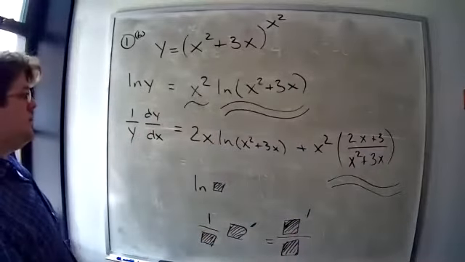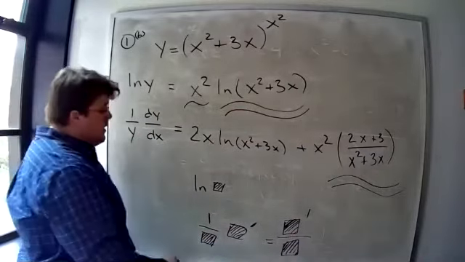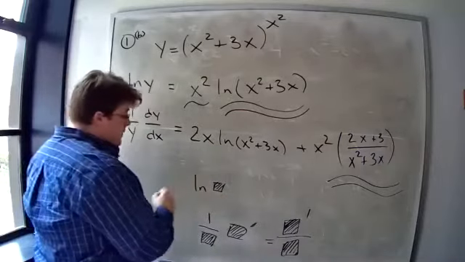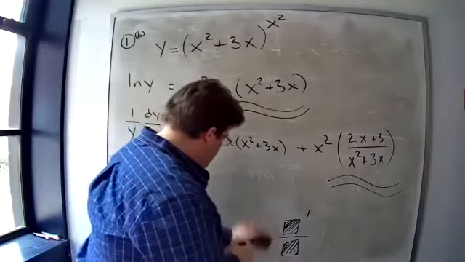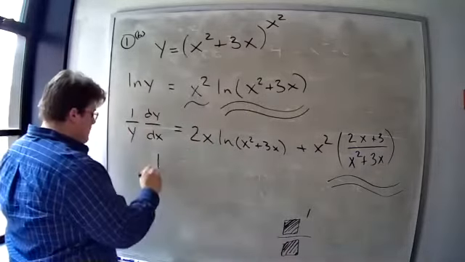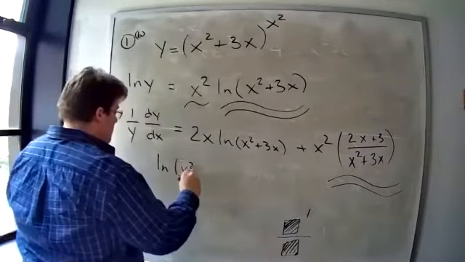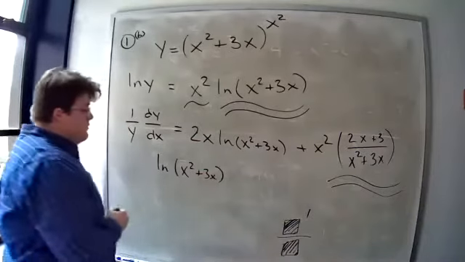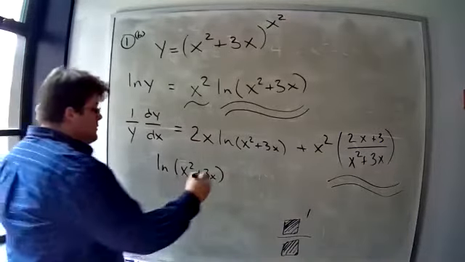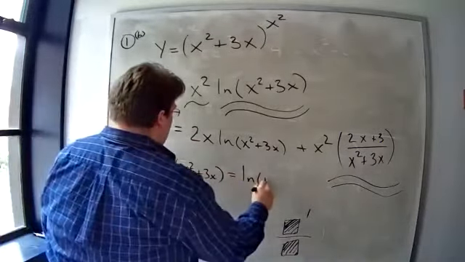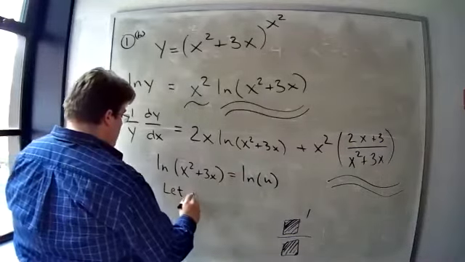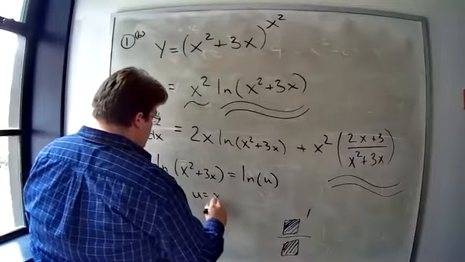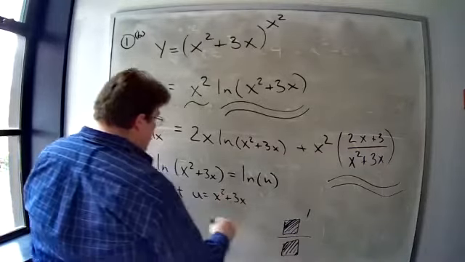So right here, this is going to be the derivative of that second quantity, the derivative of the logarithm of x squared plus 3x. Now, to do this derivative with the substitution, you would let that inside quantity be u. So let u equal what? X squared plus 3x.